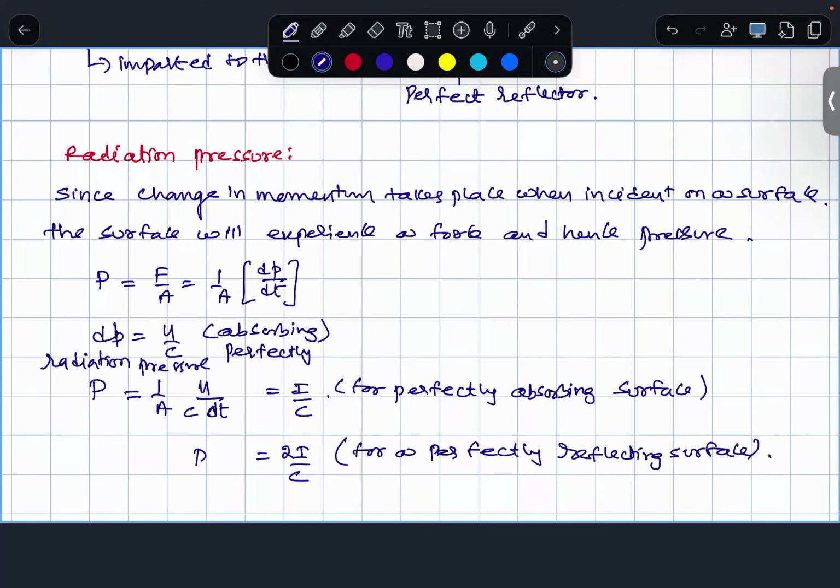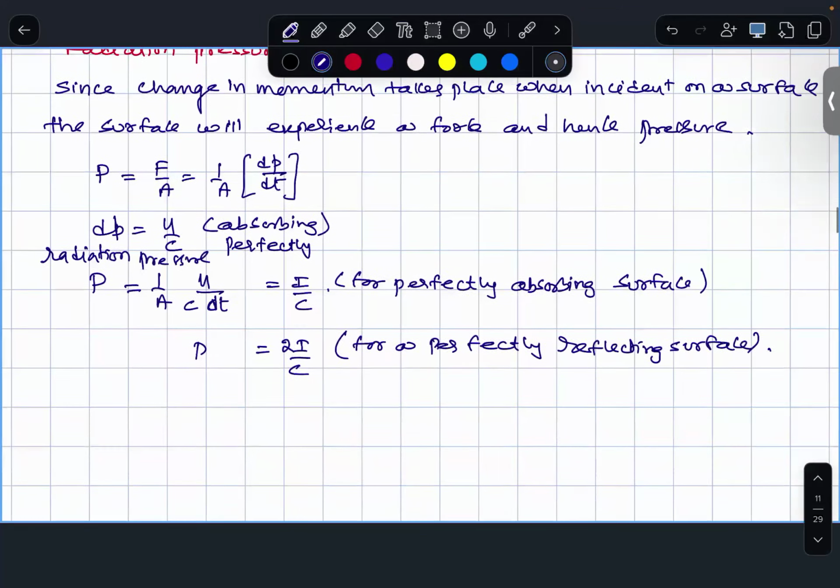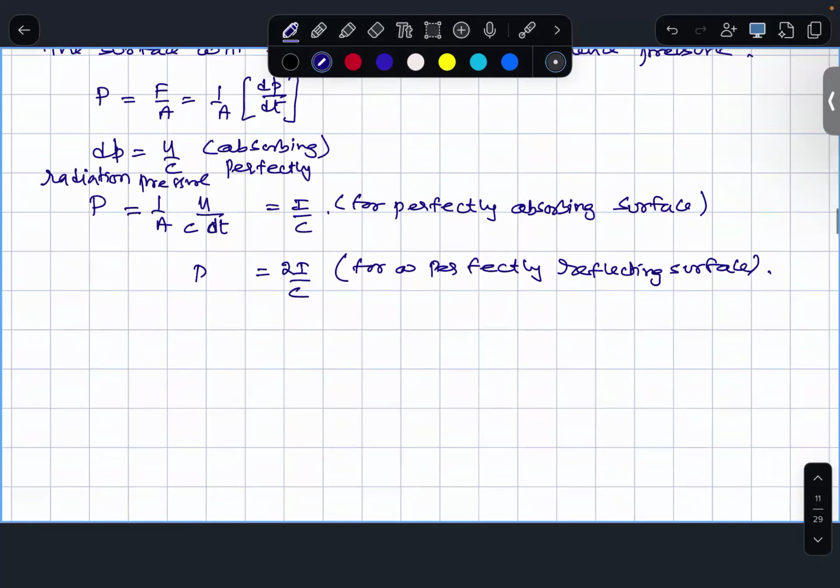For EM waves, we have only two options. We don't work on an in-between option. That we will work in quantum physics. Partially reflecting or partially absorbing cases, we will take care of in modern physics. Okay? Right.